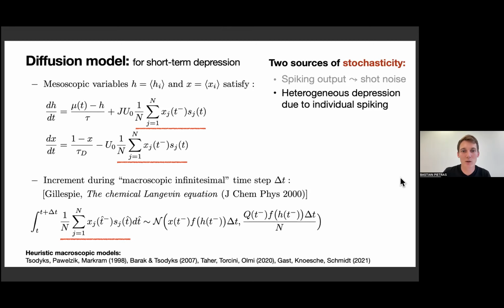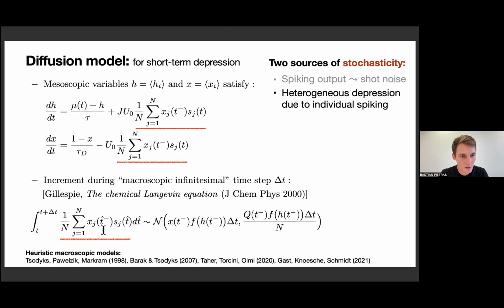these sums, to replace them by mesoscopic variables, is to make use of a chemical Langevin equation. So we have a look at this integral down here, and the increment during a macroscopic infinitesimal time step in the limit when we have a lot of neurons.